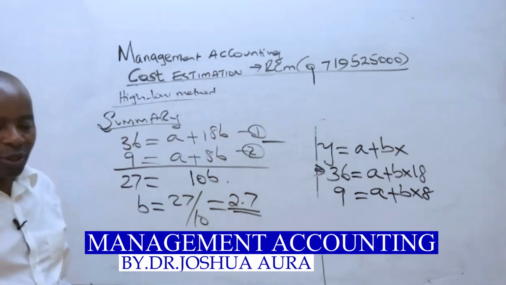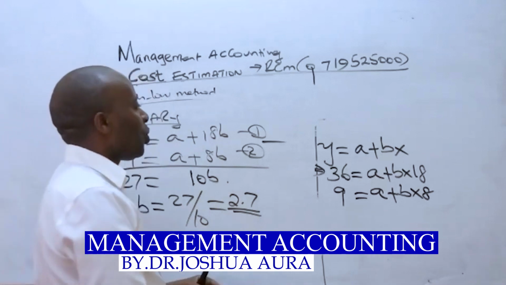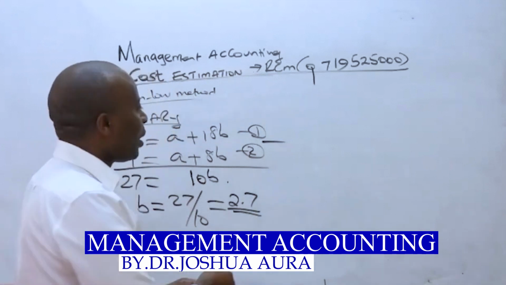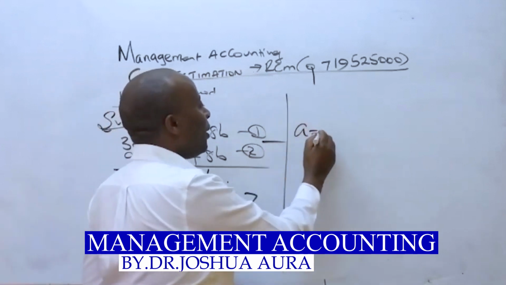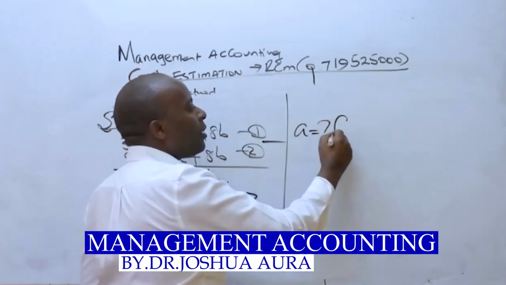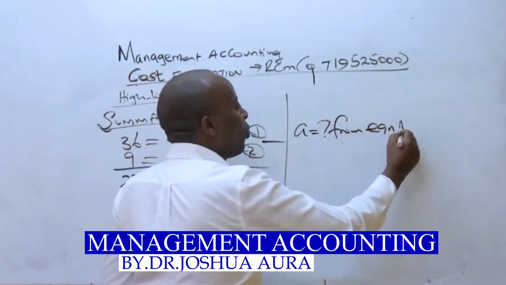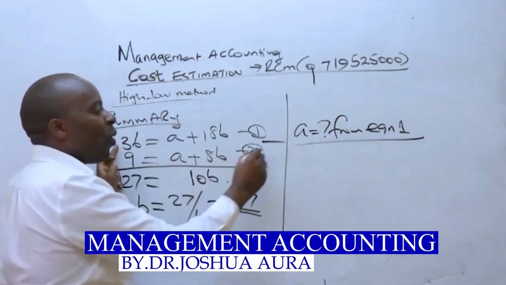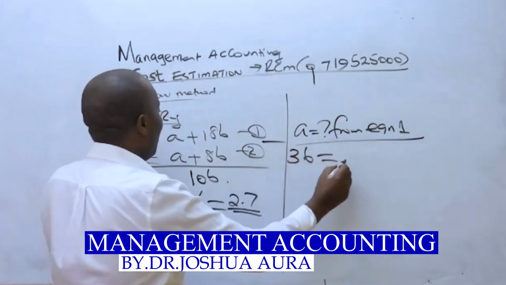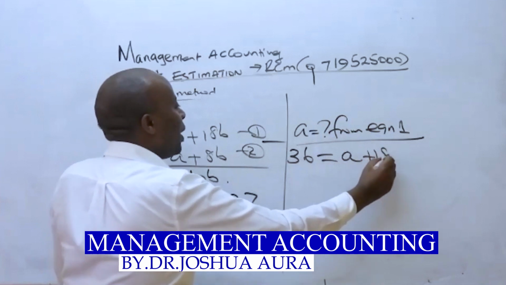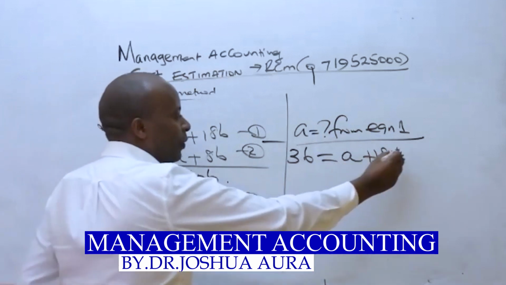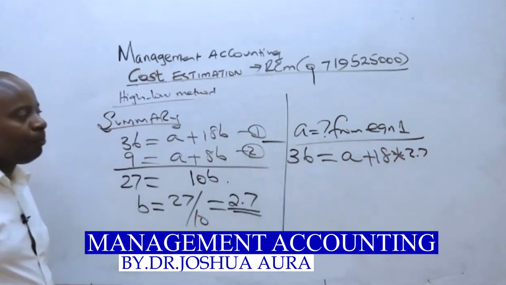Through substitution, what do we have? What is the value of A from equation 1? From equation 1, we have 36 equals A plus 18 times B, whose value, fortunately, we have, which is 2.7.